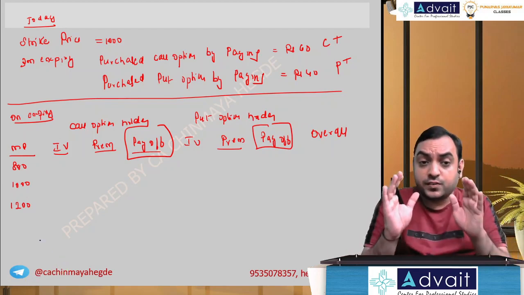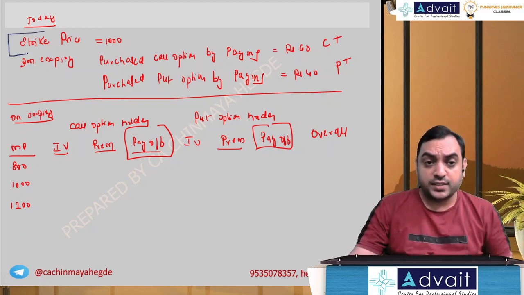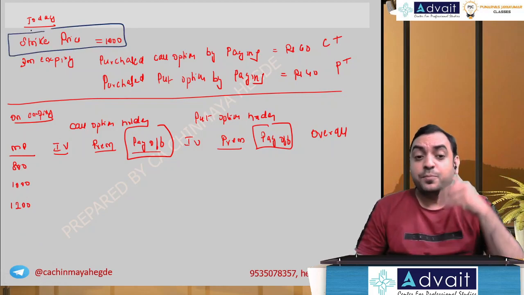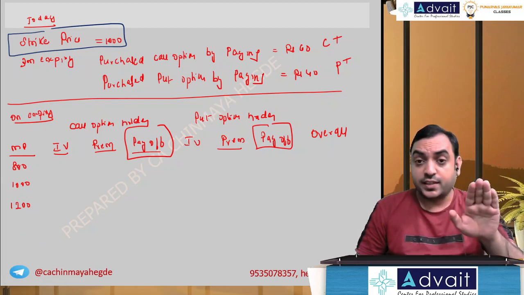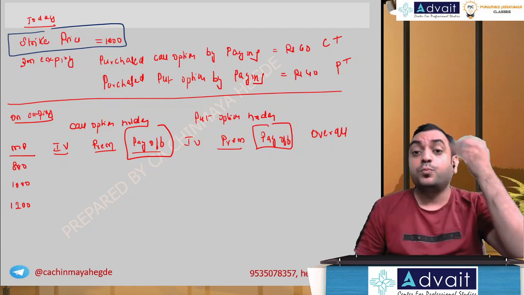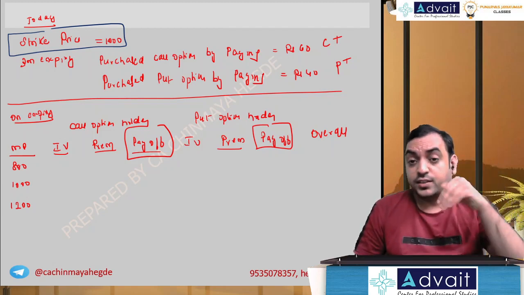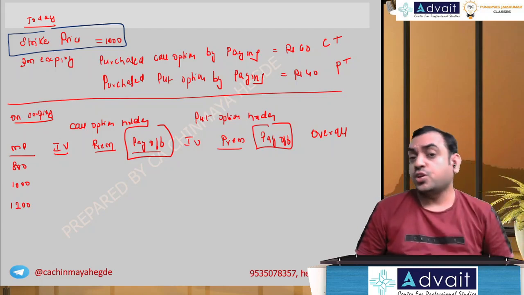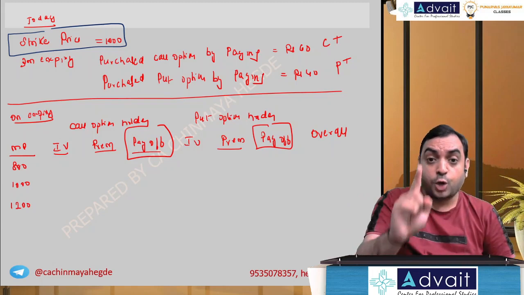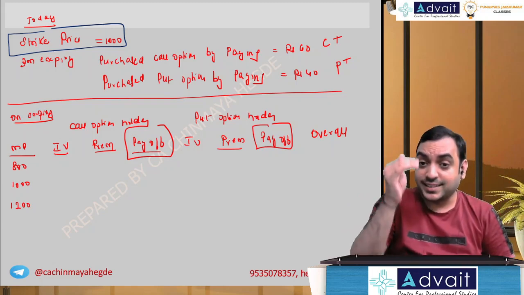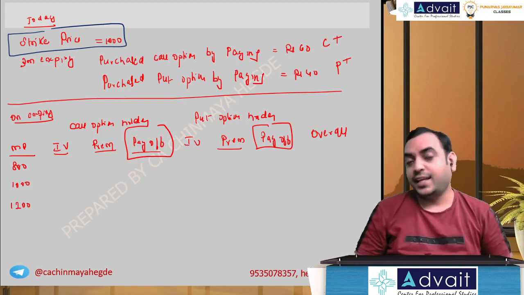So in this case, what will you calculate? Remember the basics. For both of them, strike price is 1000. When the market price is less, call option not exercised, put option exercised. When the market price is more than the strike price, call option exercised, put option not exercised. I'll repeat once more. When the market price is more, call option exercised. When the market price is less, put option exercised.